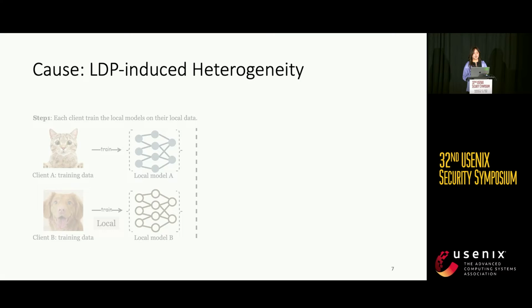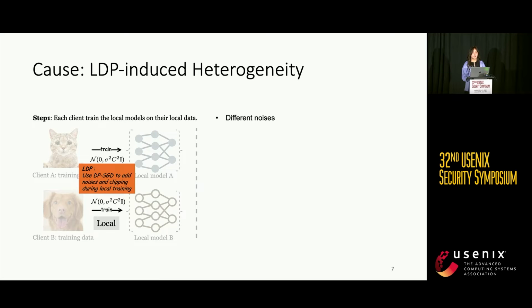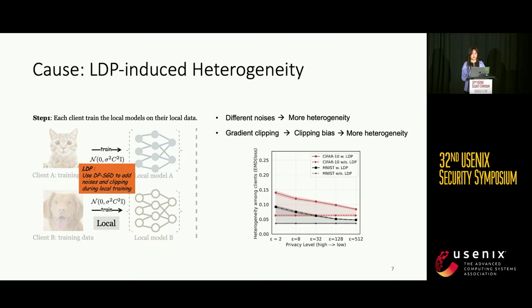We will explain it in detail for LDP, DDP, and CDP in the following three slides. The first part is LDP-induced heterogeneity. Recall that LDP uses DP-SGD, which adds different noises to different clients, and thus the noises bring more heterogeneity. Also, DP-SGD does gradient clipping, which causes clipping bias and more heterogeneity.